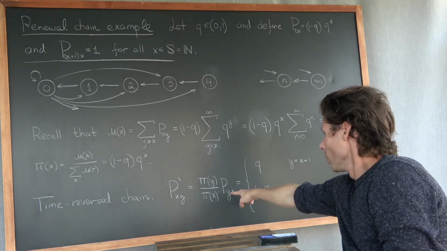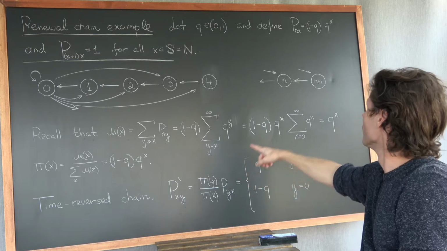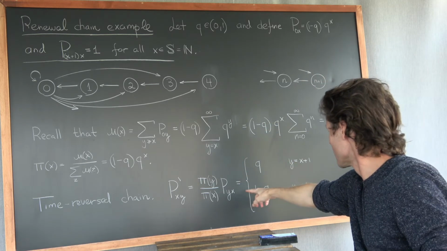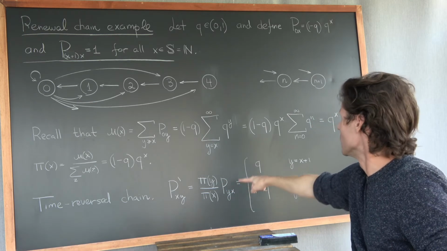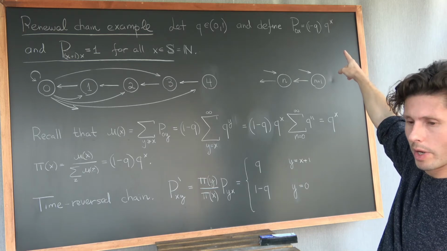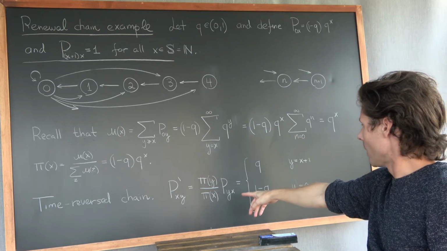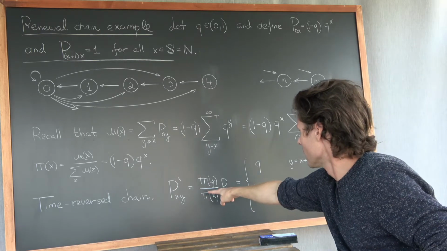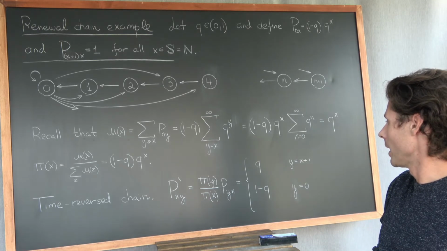Well, when y is equal to 0, clearly we can transition to any state with that probability. So in the case where y is 0, I would first fill in this part, which is going to be precisely that expression up there, 1 minus q times q^x. And then the question is what happens to my q^x? Well, I would need to plug in pi y over pi x.